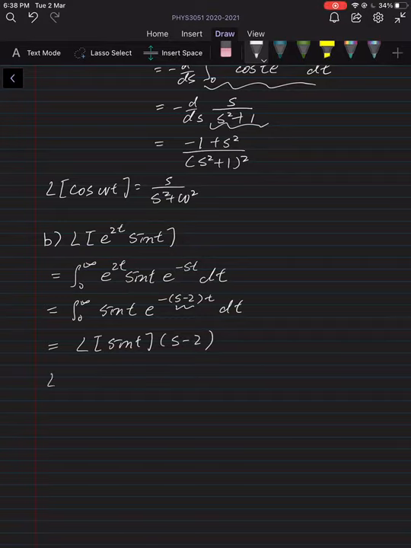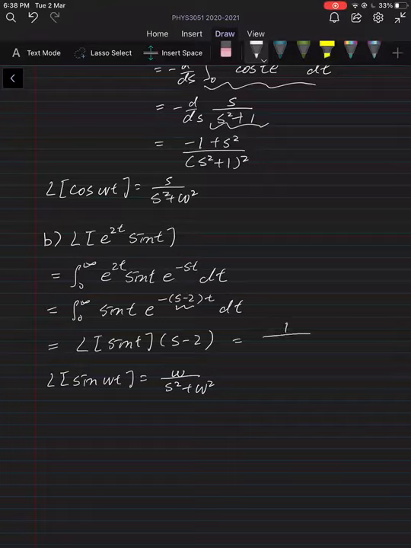So let me remind you the Laplace transform of sine is omega over s squared plus omega squared. Here omega is 1, so we have 1 over (s minus 2) squared plus 1.